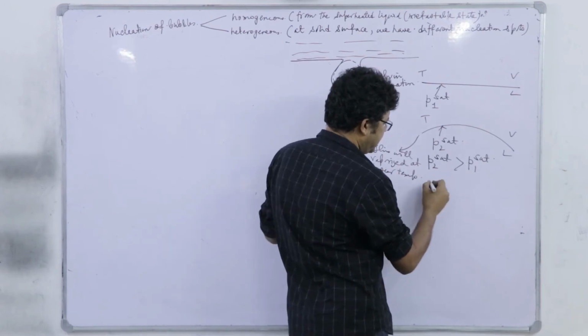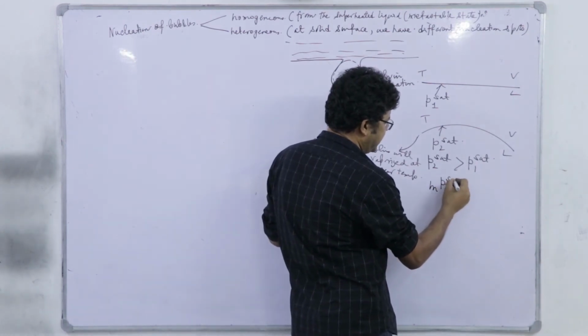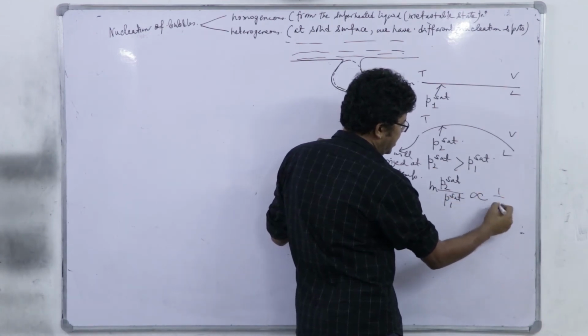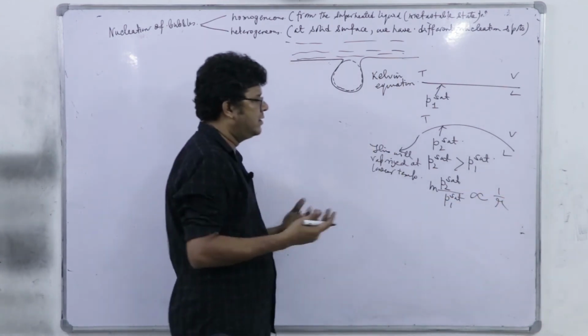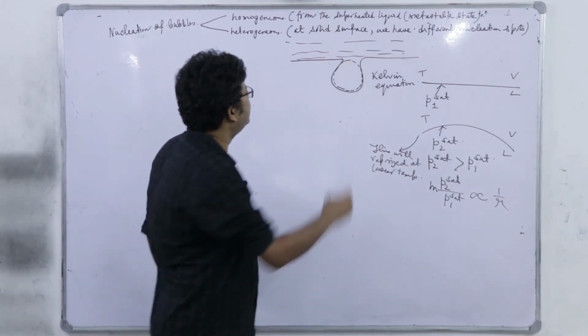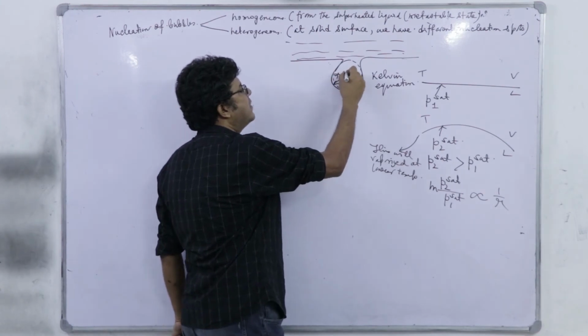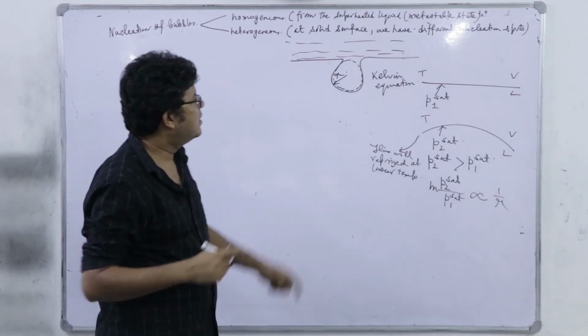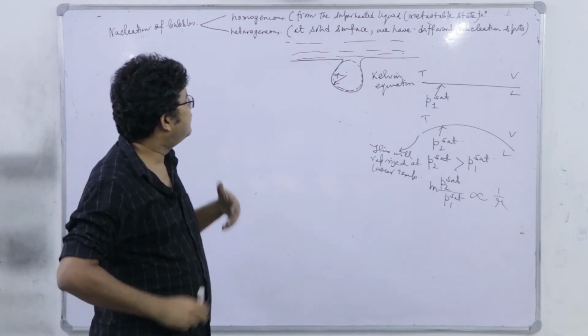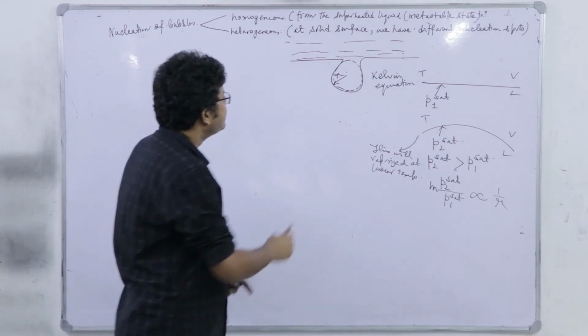The Kelvin equation states that ln of P2sat by P1sat is proportional to the curvature, that is 1 by the radius of curvature. Now, as you go on reducing this droplet size, if it's a very small crack or fissure, locally the liquid will have a very small r.